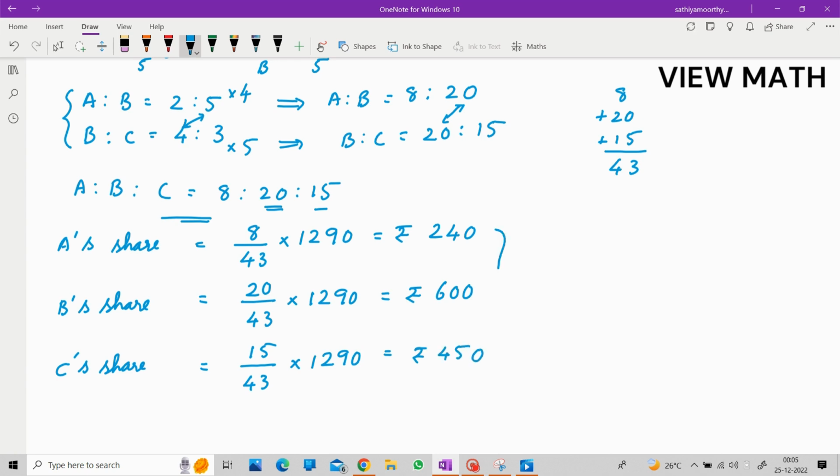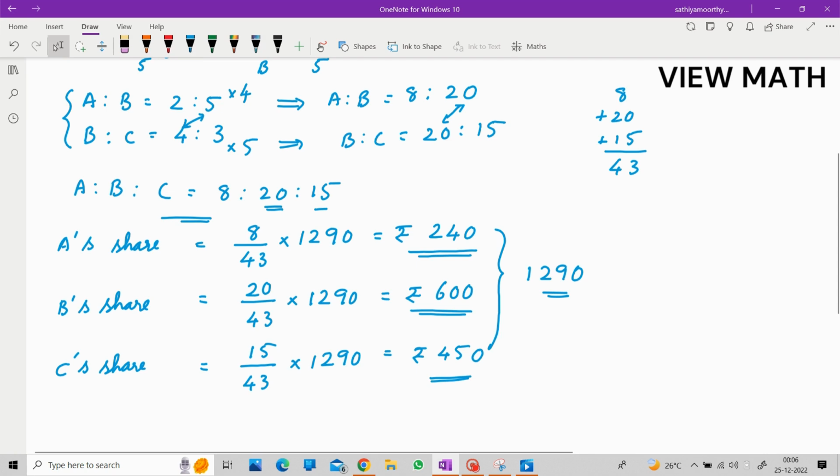If you add all these three values, it will be equal to 1290. So A's share is 240, B's share is rupees 600 and C's share is rupees 450.